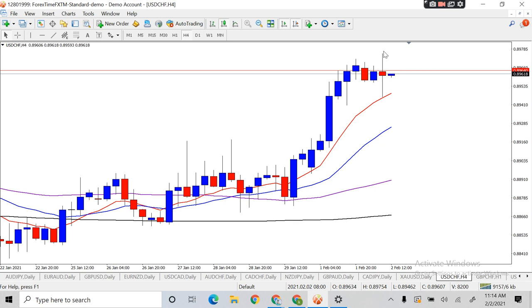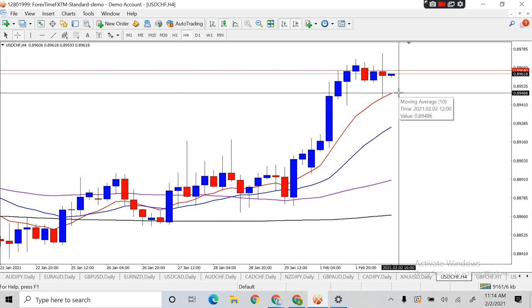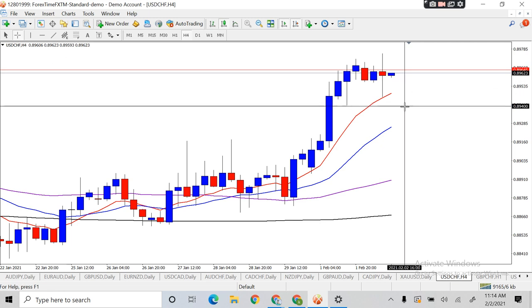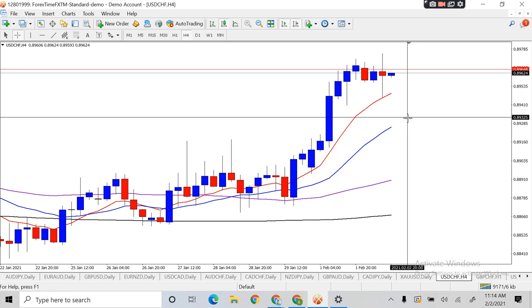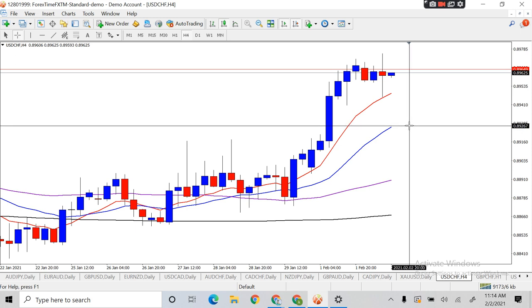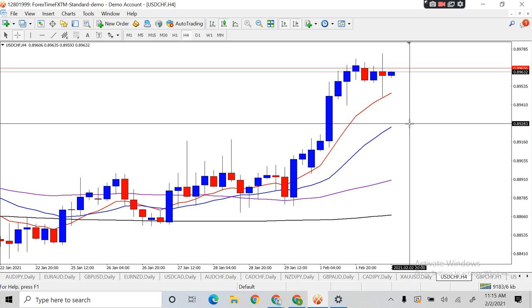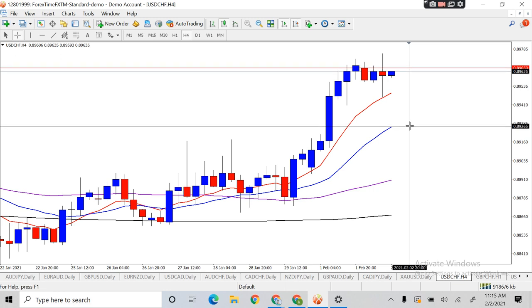So the pullback, let me check, as at the time was at 0.89260, somewhere there.